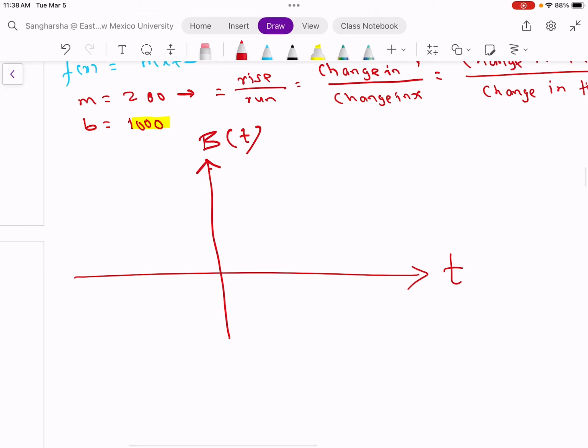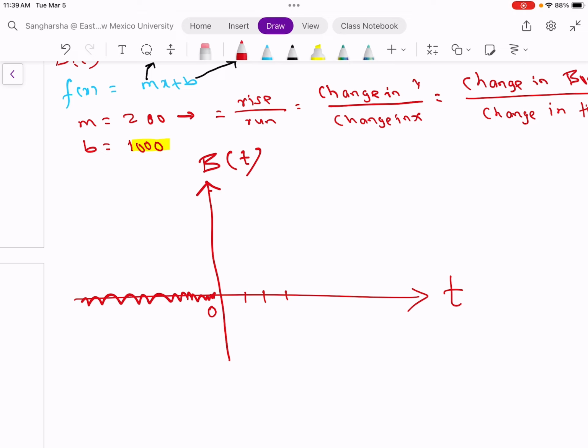Now, can we have this side of t here? Does this even exist? No, right? So we can't have a negative. We can have a 0 time, that's the starting point, and then 1 year, 2 years, 3 years. So what is the y-intercept? $1,000, right? So let's say this is 500 and this is 1,000.